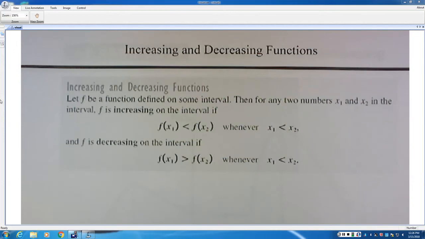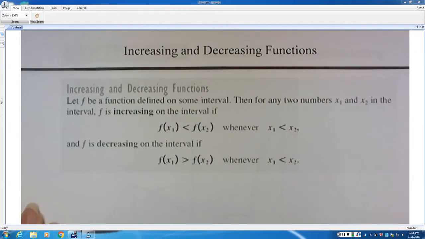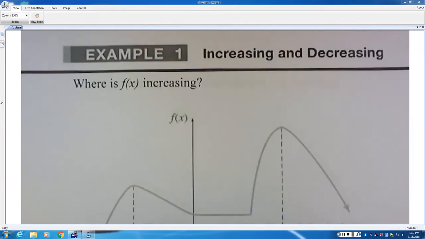And it says that if x1 is here and f of x1 is up here, and x2 is over here, and f of x2 is not as high, then that means the function is decreasing, which means it's a decreasing slope, a smaller slope, a negative slope.